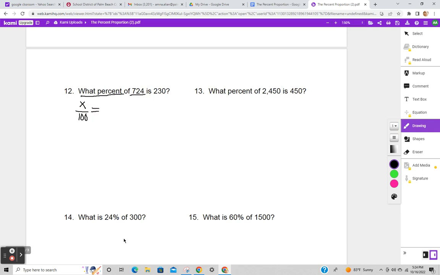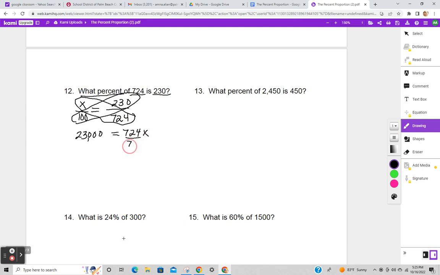We have our of, 724, and our is 230. So we're going to take the cross product. 23,000 equals this cross product, 724x.